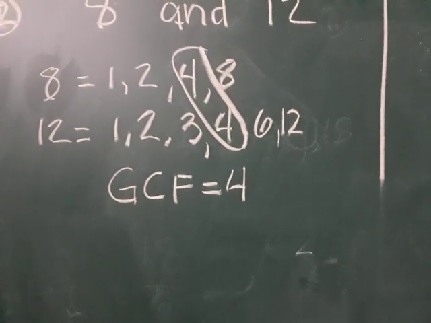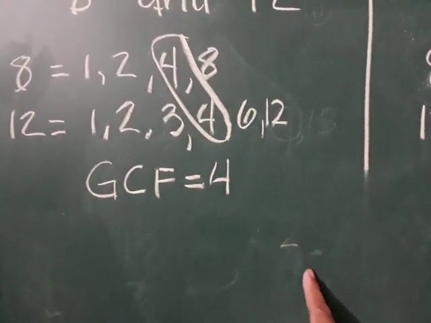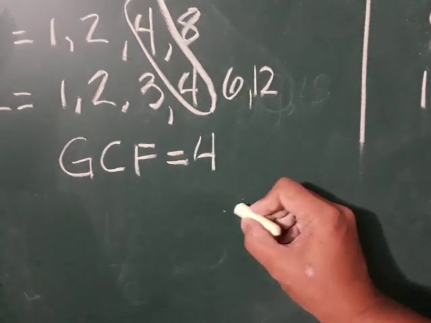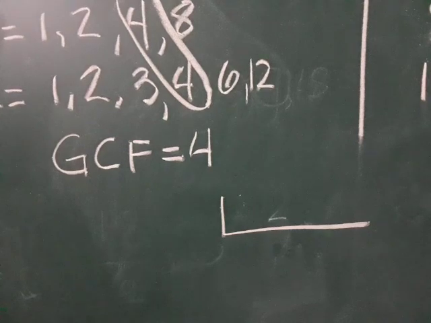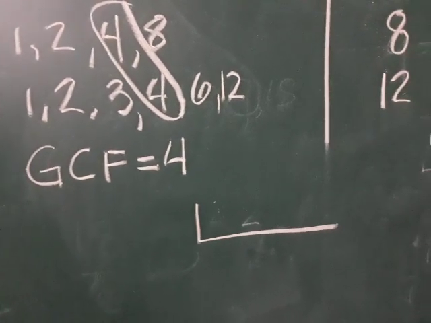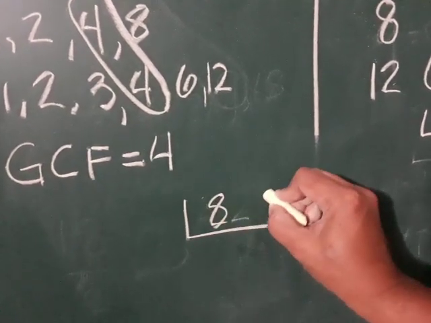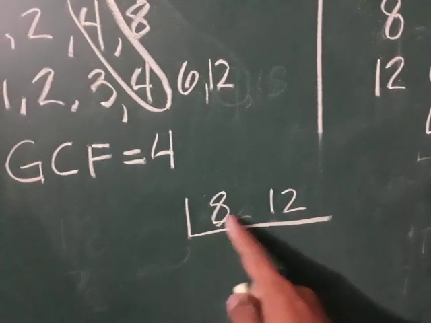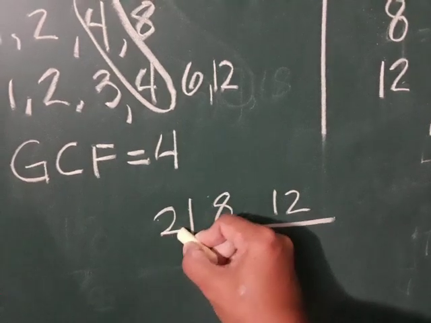Okay, so how about their GCF and LCM by using the continuous division? So we will use it on the middle because when we use the continuous division, of course, we get the GCF and LCM at once. Okay, so we have 8 and 12. Let's divide. Their common factor, the lowest prime number that they are divisible by, is 2.